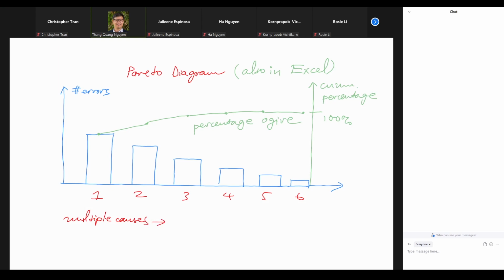And it requires prioritization, right? So prioritization is about what to do, or it says the following: we would deal with the biggest problem first.